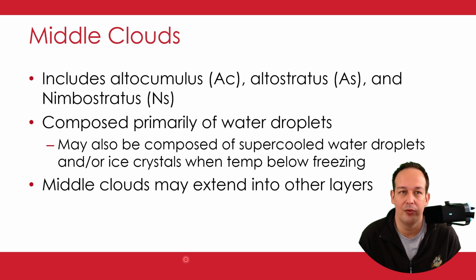And so once you introduce something like the leading edge of a wing, for example, now that's a condensation nuclei that supercooled water can then freeze onto. And so that's obviously something we want to avoid. So if you're flying through these middle clouds and the temperature is below freezing, some of those water droplets can be supercooled and create structural icing on the leading edge of your aircraft.